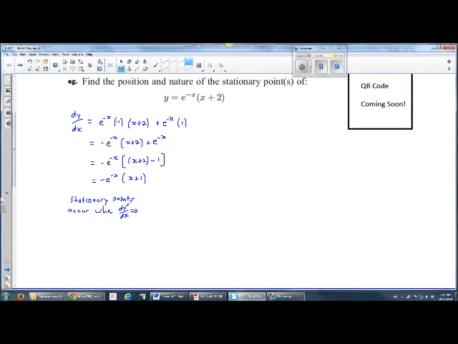So the instantaneous rate of change of that function at certain points will be 0, meaning there will be a horizontal tangent. Therefore, we have negative e to the negative x multiplied by x plus 1 equal to 0. If we have two factors and they equal 0, then either one factor equals 0 or the other factor equals 0.